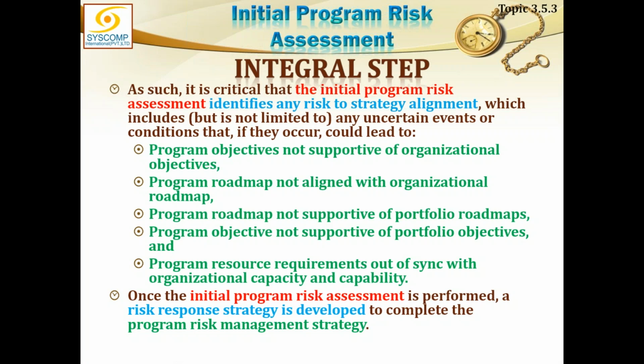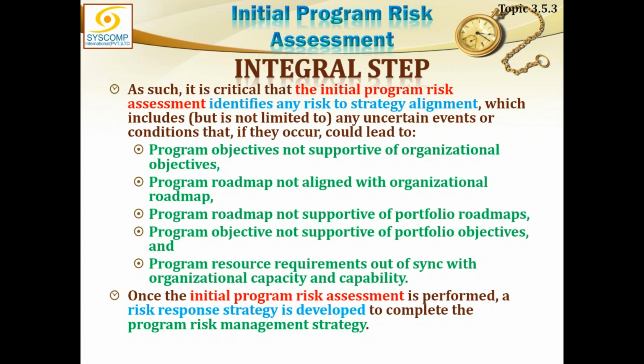As such, it is critical that the initial program risk assessment identifies any risk to strategy alignment, which includes but is not limited to any uncertain events or conditions that, if they occur, could lead to program objectives not supported by organizational objectives, program roadmap not aligned with organizational roadmap, program roadmap and supporting documents not part of any portfolio.